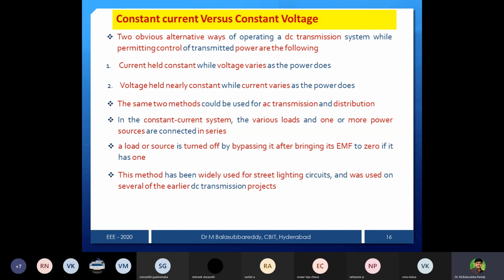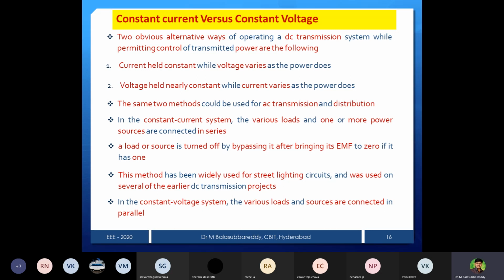In the olden days, several HVDC transmission projects also used this strategy, that means current constant, voltage varies. And the other version you can see here is the constant voltage system. The various loads and sources are connected in parallel. So that is the only difference.